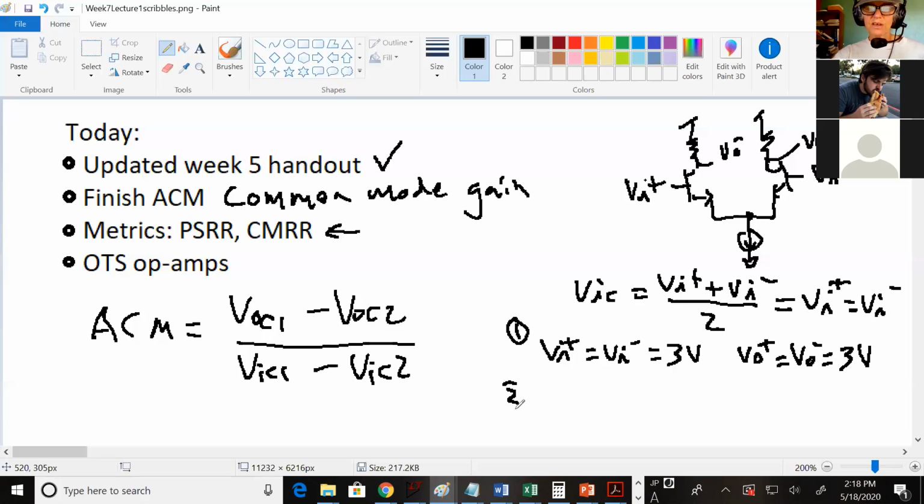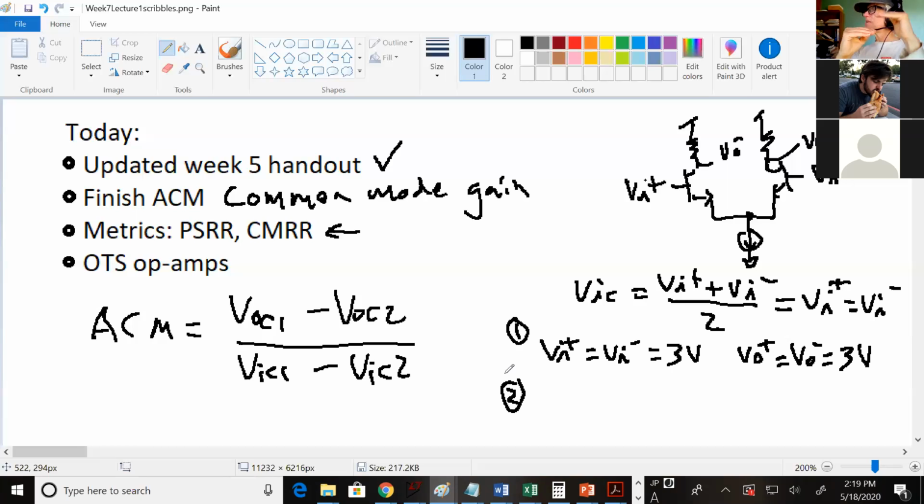So then on the homework, I see some people using a differential input. And let's say you started out, instead of setting VI plus equal to VI minus, let's say you had 3.1 and 2.9. What's your average? Just your 3.